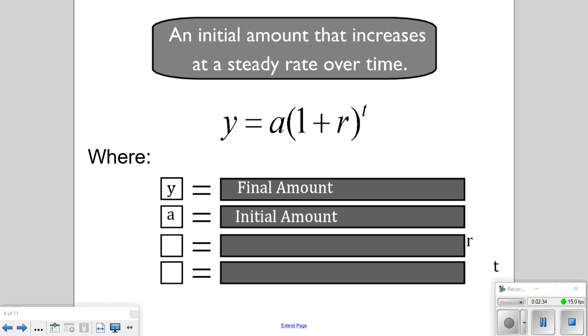Your r value is your rate or percent as a decimal. Your t value is the amount of time that you are spending doing the thing. A good way that I like to remember these is YART.